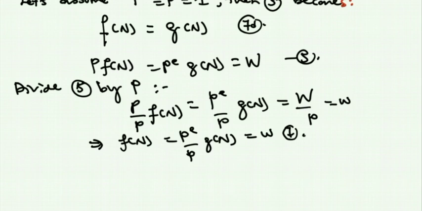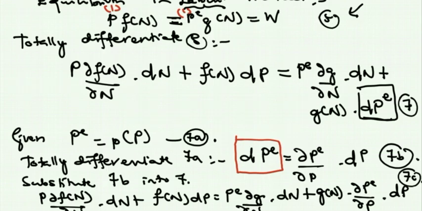Alright, now, what should I do next? We go back to the total differentiation that we have made earlier, which is in 7C, and also 7 here. 7 and also 7C. Look at 7C here.